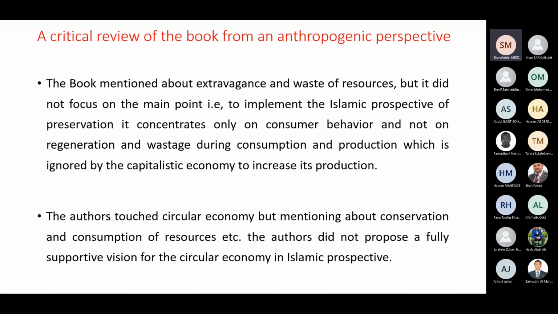Can you move, brother? Okay, here is the critical view of the book in terms of anthropogenic perspective. The book mentioned the vice of extravagance and waste of resource, but it did not focus on the main point, to implement the Islamic perspective of preservation.